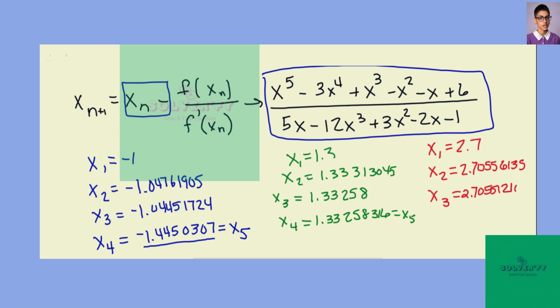X sub 4 is 2.7055 1209, and that also equals x sub 5. So that's where it converged, and that would be my answer. So I have that.